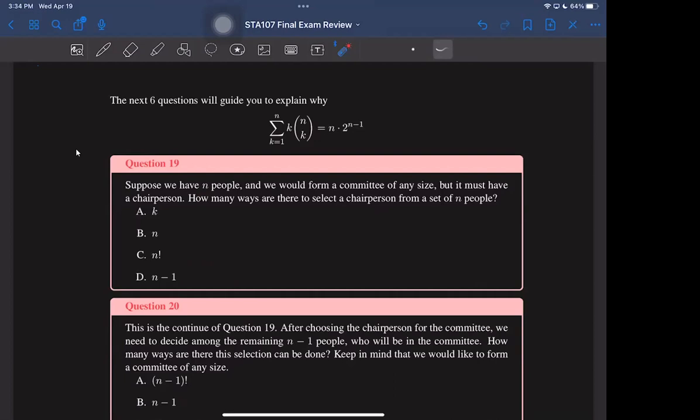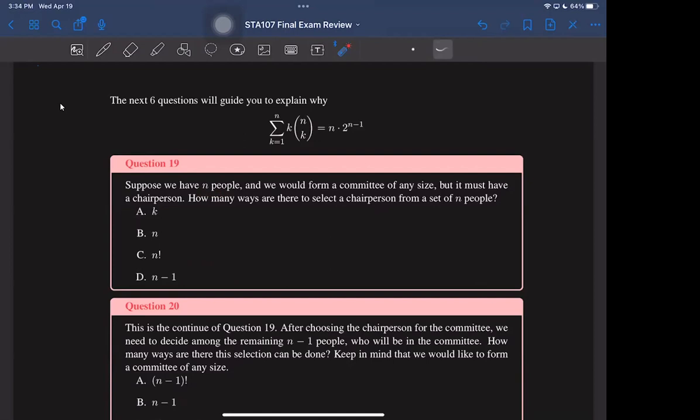So in this question, we are interested in, out of n people, how many ways are there that we can select a chairperson? This is very straightforward. Don't overthink it.